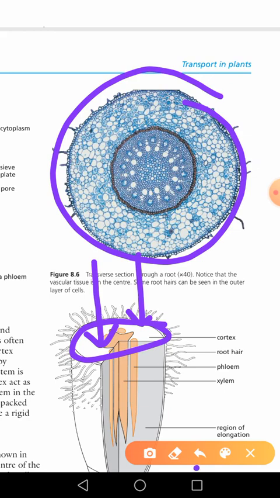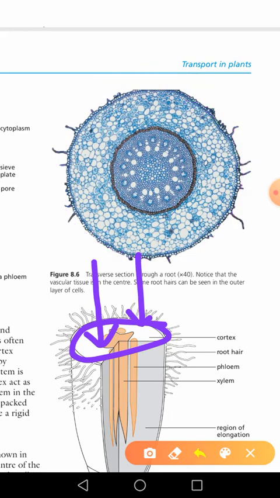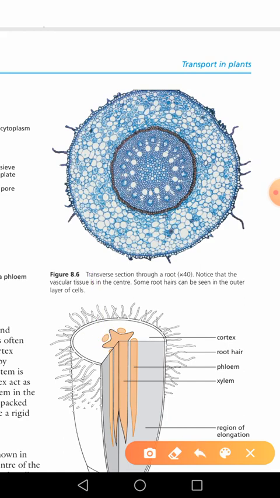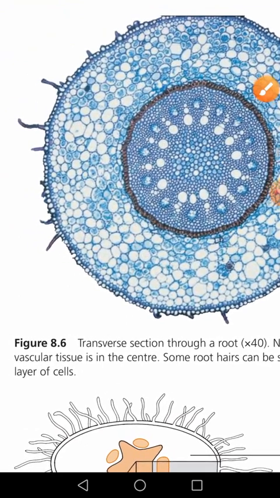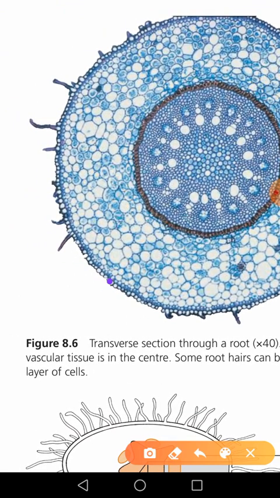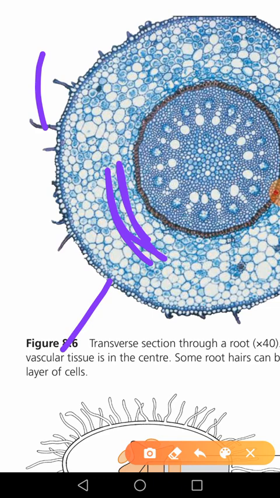Now look at how many layers it consists of. We have an outer layer of cells which we call the epidermis. Then we have the cortex. These are the root hair cells.